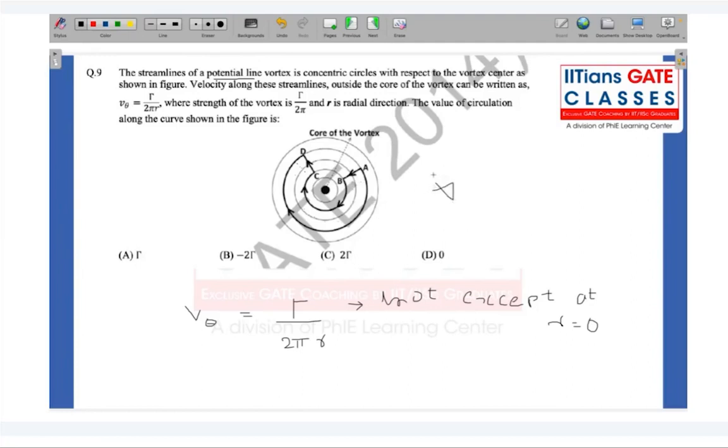So del cross V is 0 at any point that you take inside this curve ABCD, because it's a potential line vortex, and the potential line vortex is rotational only at the origin. Since vorticity is 0 everywhere, that basically means the circulation is also 0 everywhere inside this curve. Option D is the right answer.